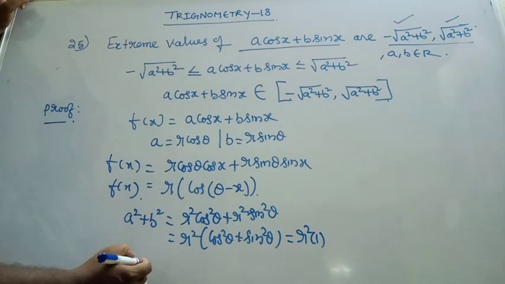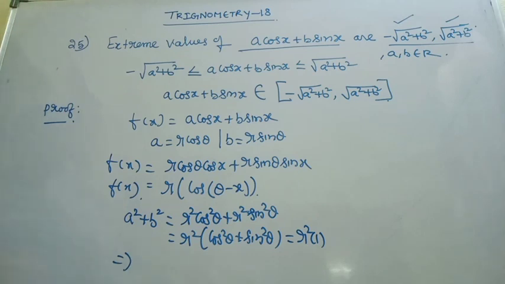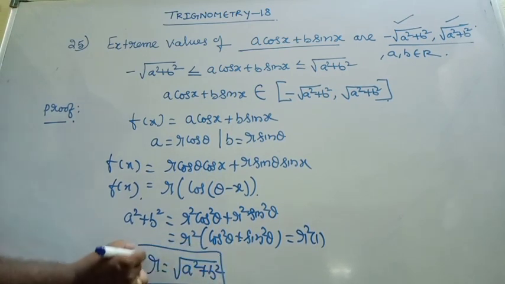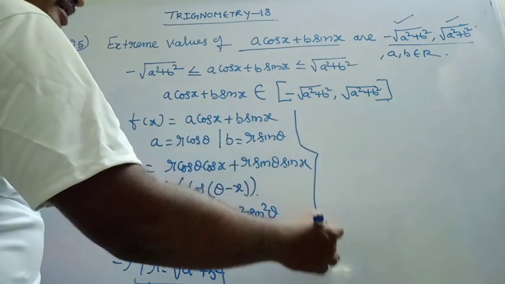That implies r square equals a square plus b square. Therefore, my dear students, r equals the square root of a square plus b square.